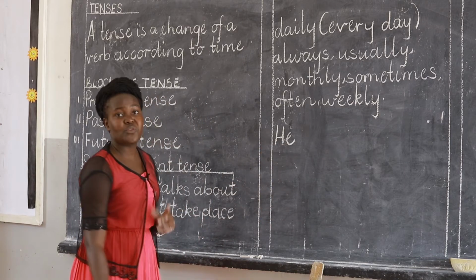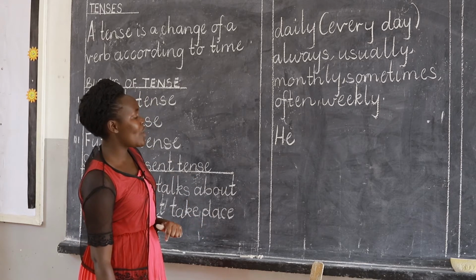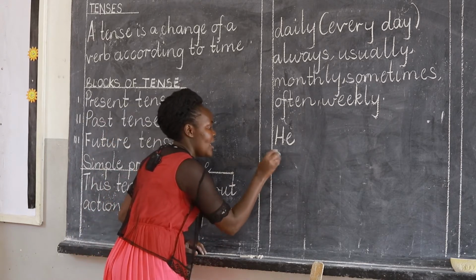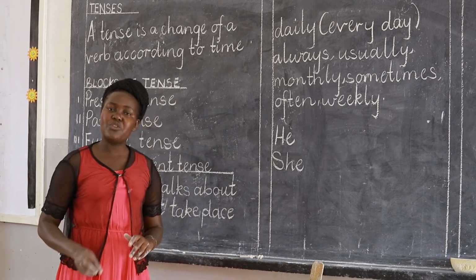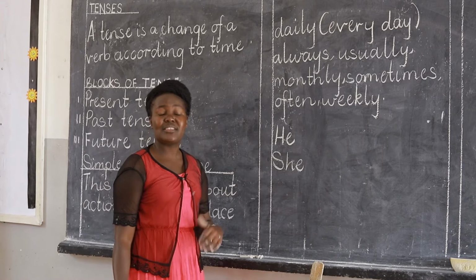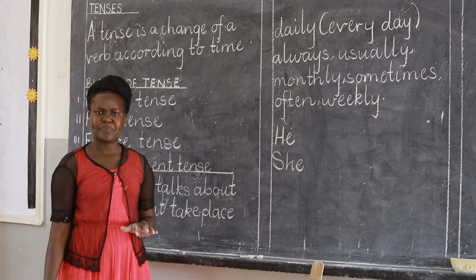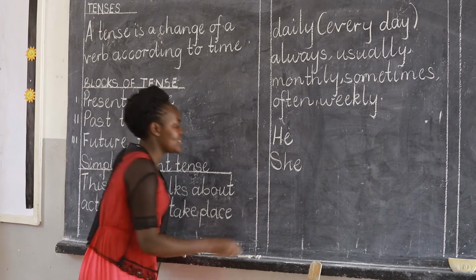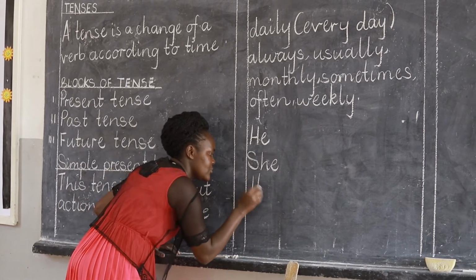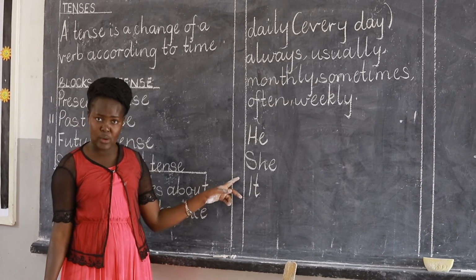If I don't want to say Sarah, if I don't want to say Mommy, if I don't want to say Ruth, I can say she. If I don't want to say cat, if I don't want to say tree, if I don't want to mention a name of an animal and other objects, I'll say it. These ones are singular pronouns.